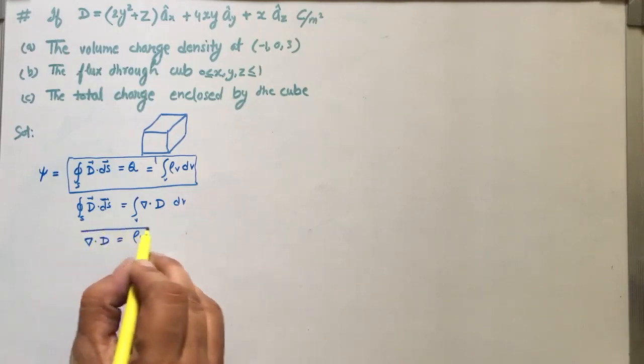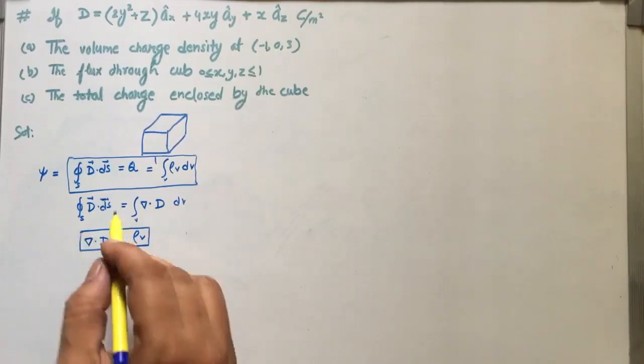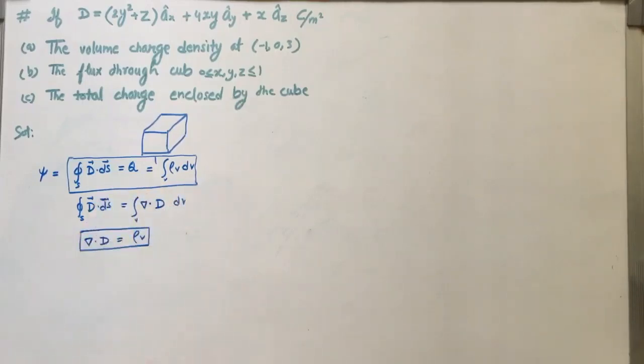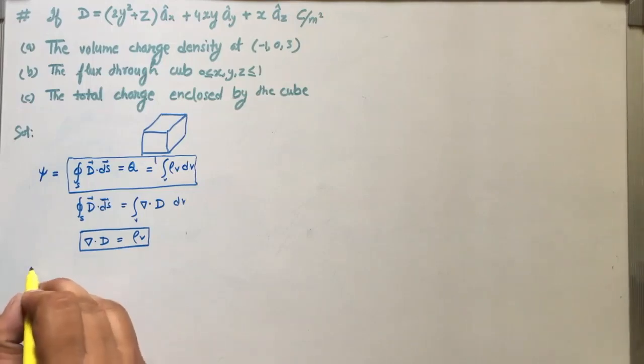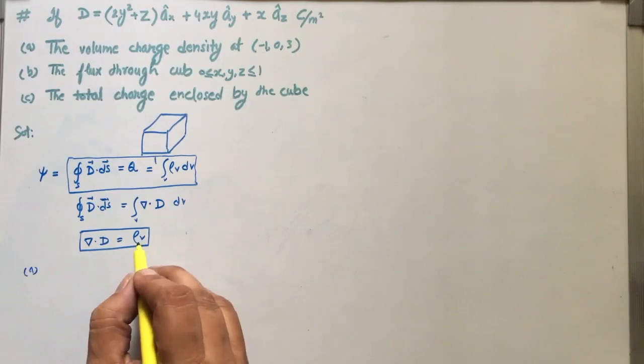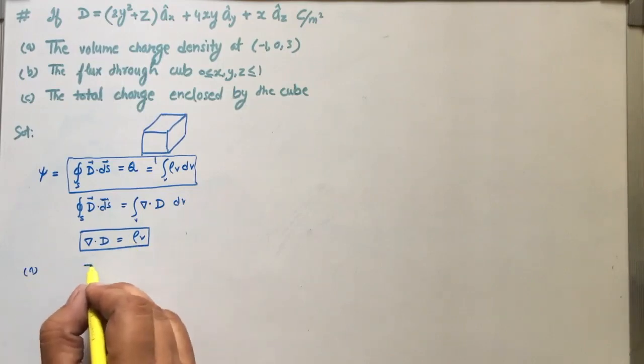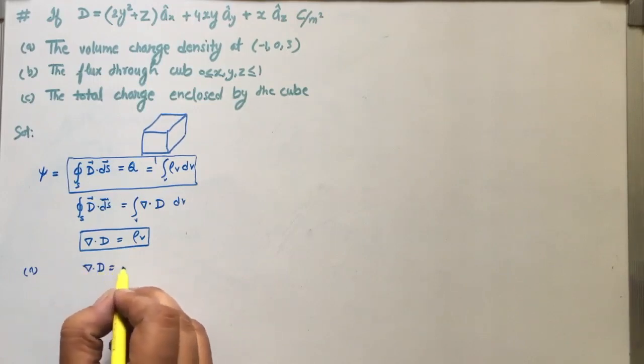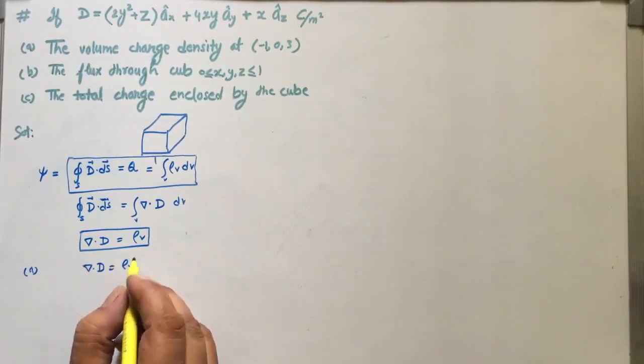So we have another relationship. Keeping all these relationships in our mind, let us start the solution of the problem. The first is to find the volume charge density. For that we have to find del dot D, that will be the volume charge density.